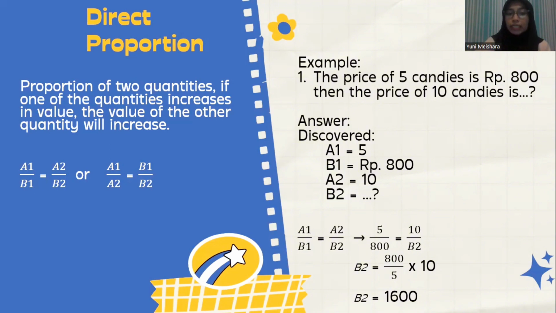So we input the known numbers into the formula: 5 divided by 800 equals 10 divided by B2. B2 equals 800 divided by 5 times 10. So B2 is 1600.